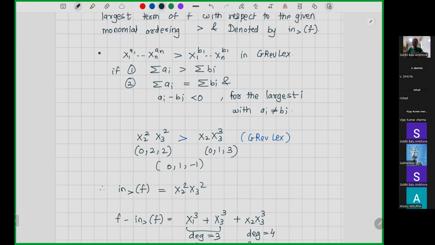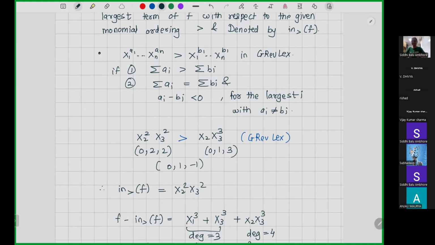So x3 cube should be preferable to x3 square. So I think in graded reverse lexicographic order, x2 x3 cube should be greater than x2 square x3 square, right?